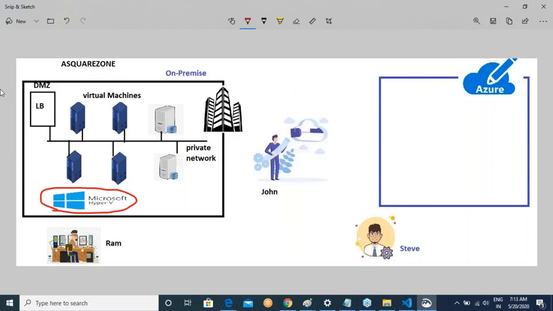So our on-premise setup will be simulated. I'm quite sure we know what a simulation is. It will not be physical, but will mostly look like physical.